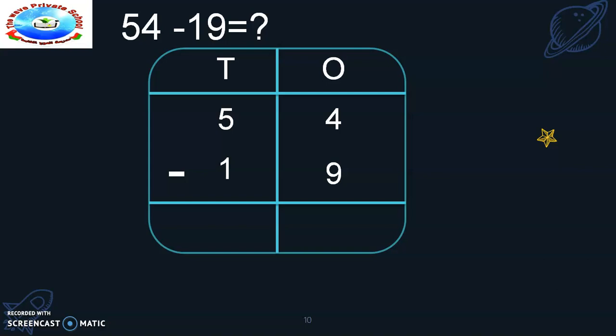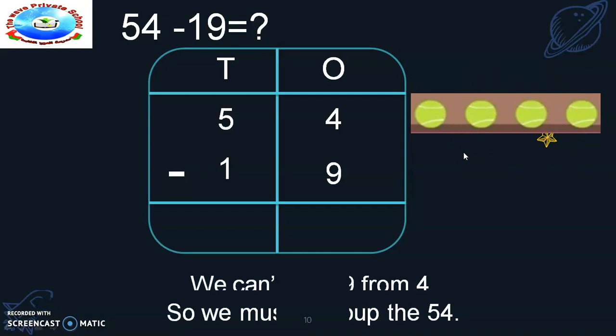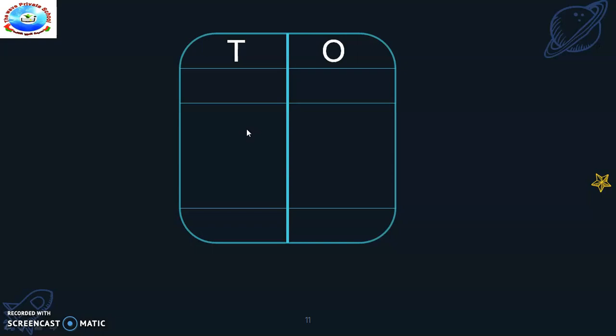But we cannot subtract 9 from 4. So we must regroup the number 54. Let us see how. We need to subtract 54 minus 19.